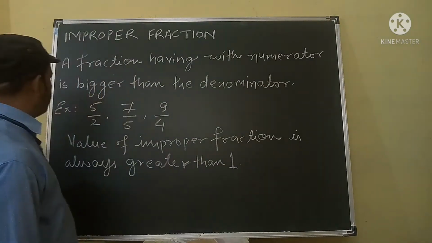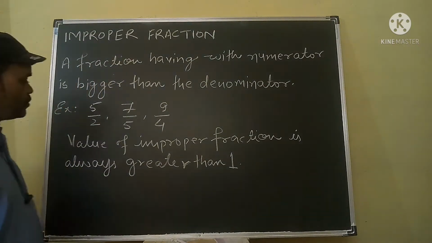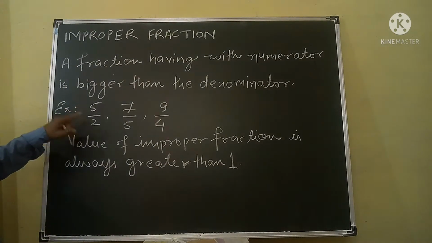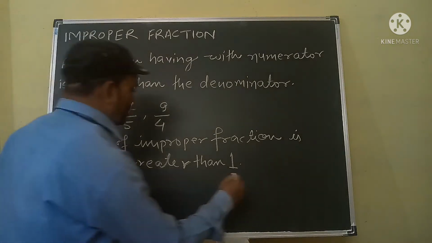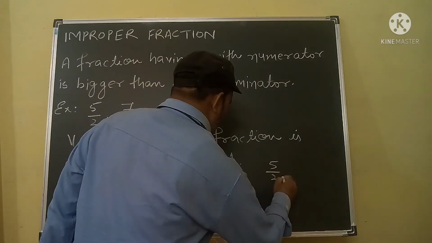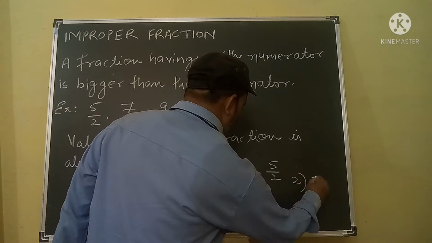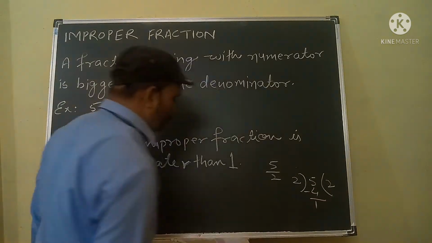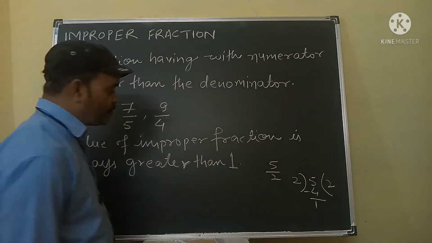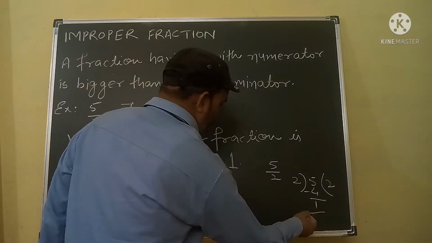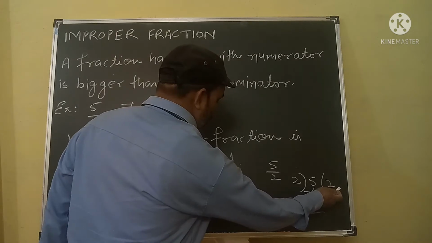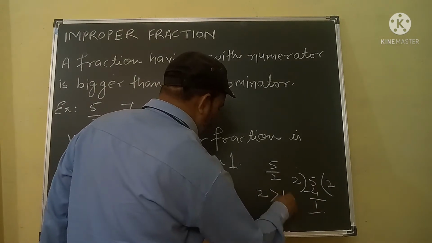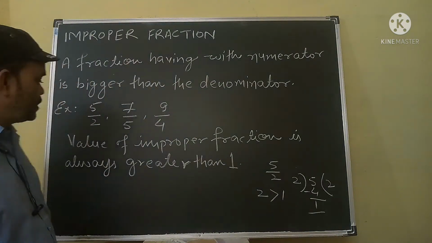But how? Look here. Suppose this is 5 upon 2. In 5 upon 2, 5 is the numerator, 2 is the denominator. If 5 is divided by 2, 2 2s are 4, 5 minus 4 is 1. Now look here, the quotient is 2, and 2 is greater than 1.